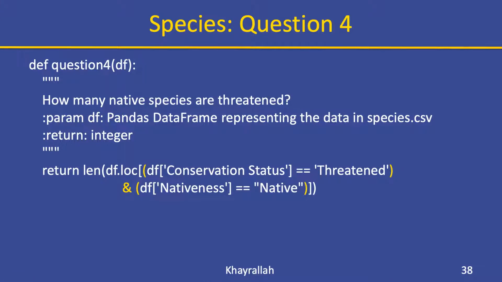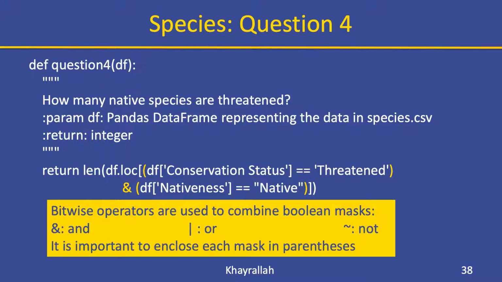For question 4, we need to figure out how many native species are threatened. So here we need 2 Boolean masks. We need a Boolean mask that filters by threatened species, and we need another Boolean mask that will filter by native species. So we can use the bitwise operators and, or, and not to combine Boolean masks. So this ampersand sign here is an and, and I can use it to combine 2 Boolean masks.